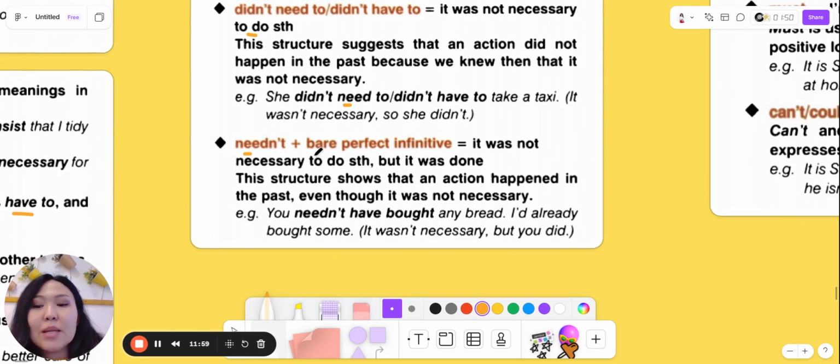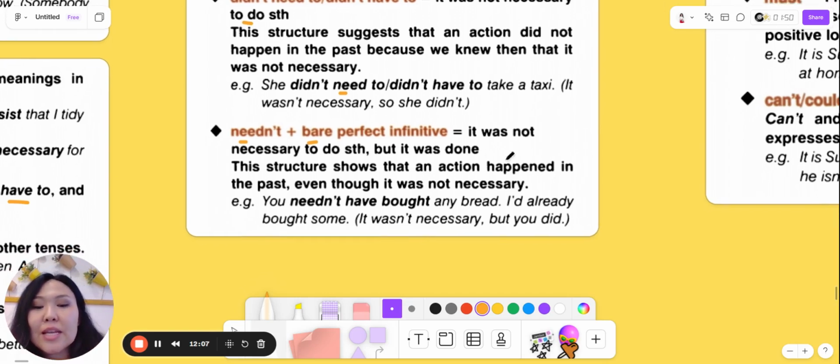Next, needn't plus a perfect infinitive. It wasn't necessary to do, but it was done. The structure shows that an action happened in the past, even though it wasn't necessary. You needn't have bought any bread. We can see this have and the third form, yeah, past participle. So it means that it wasn't necessary, but it was done.